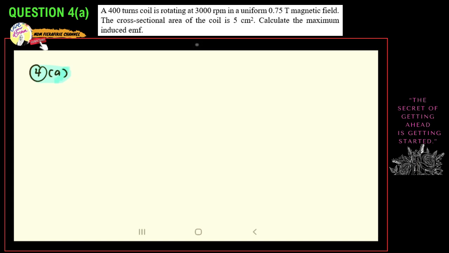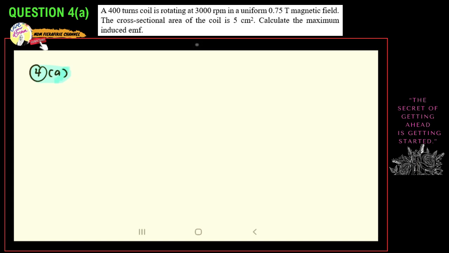Okay, so let's solve for question number 4A. Okay, so a 400 turns coil is rotating at 3000 revolution per minute. RPM stands for revolution per minute. In a uniform 0.75 Tesla magnetic field. Okay, so the cross-sectional area of the coil is given 5 cm squared.